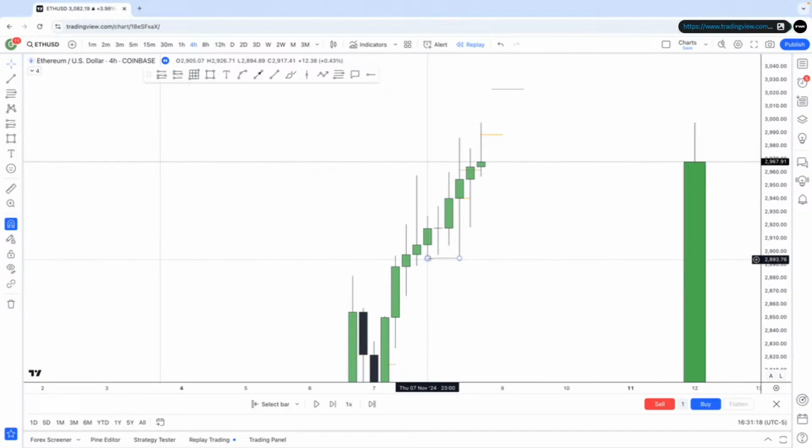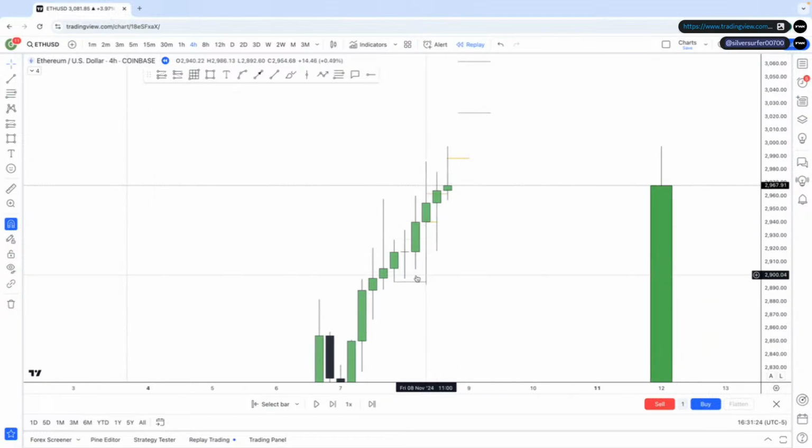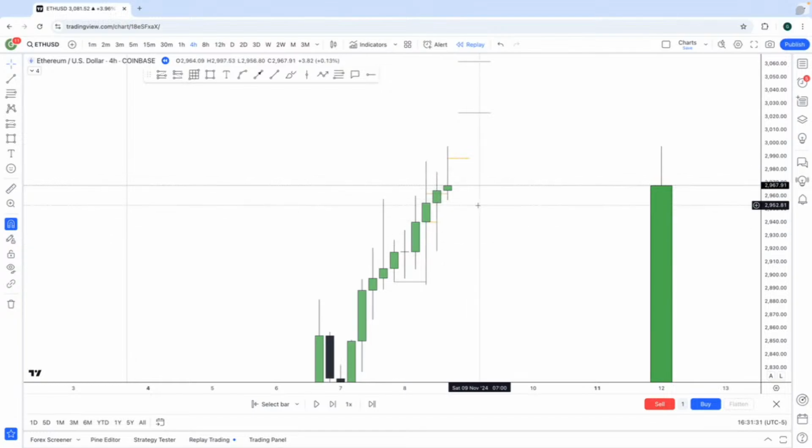You see all these little lows? This candle takes out all these little lows on the lower time frame, and we fail to close underneath this candle's low. So we can anticipate this next candle to distribute to this high. So basically manipulation. Now we want to catch the distribution to this high.